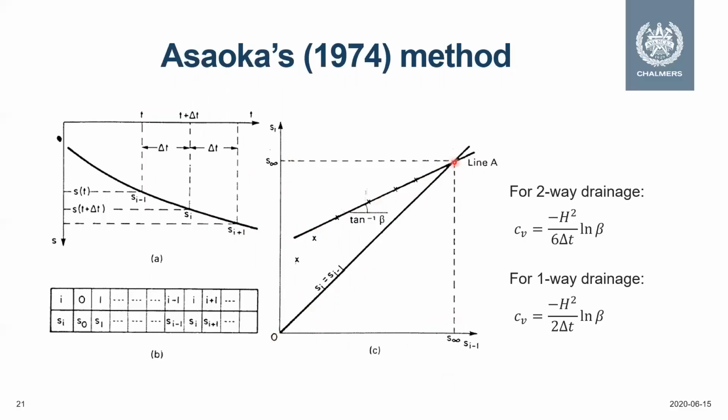When you take the intersection of a line from the origin with that line, you get the gradient of the line, called beta. With the help of beta, you are able to calculate your coefficient of consolidation in the field. It's a different value, of course, depending on whether it's two-way drainage or one-way drainage. The point of intersection also represents the final value of settlement when time is infinite.